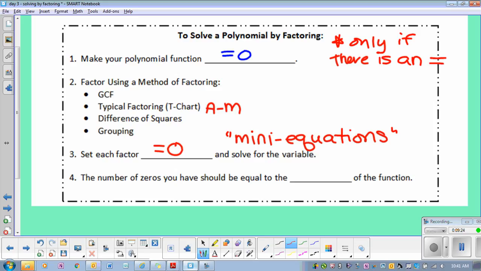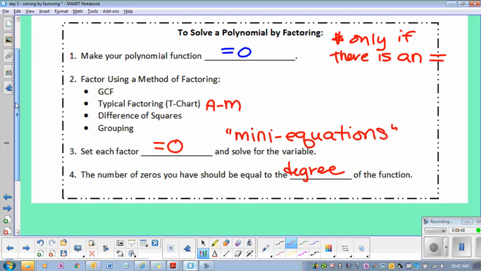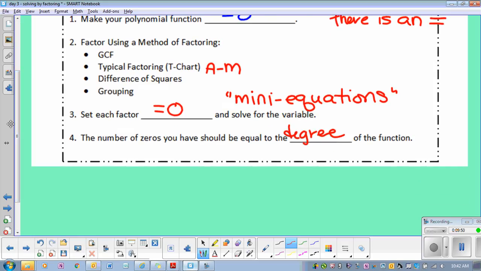Here's the good news. We've done this. We've done solving by factoring. We did it in Unit 2. Okay? The last part, this is a very important thing to remember. The number of zeros that you have, or the number of solutions that you should have at the end, should be equal to the degree of your function. And what do I mean by degree?